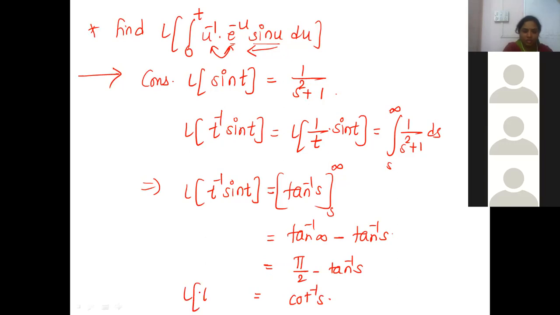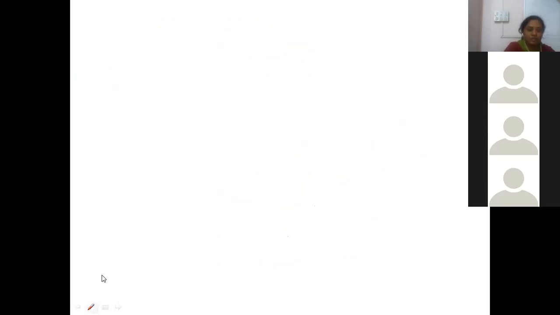Right. So we got Laplace of t inverse sine t. On this t inverse sine t, you will need e raised to minus t. So apply the next property, multiplication by e raised to minus t. On the left hand side, t inverse sine t. If you multiply by e, that is the first shift.